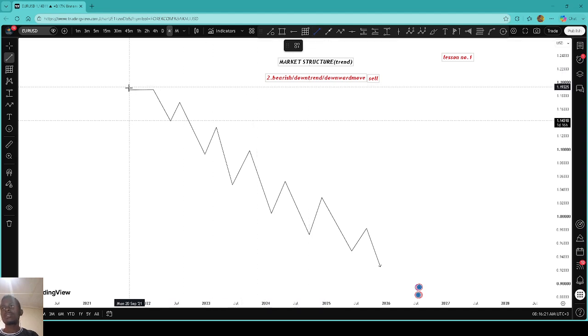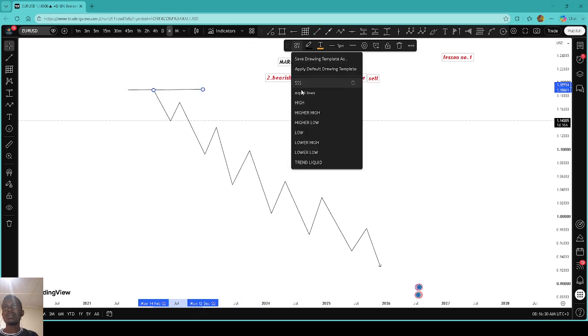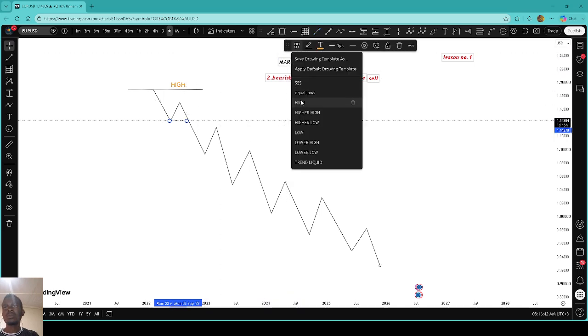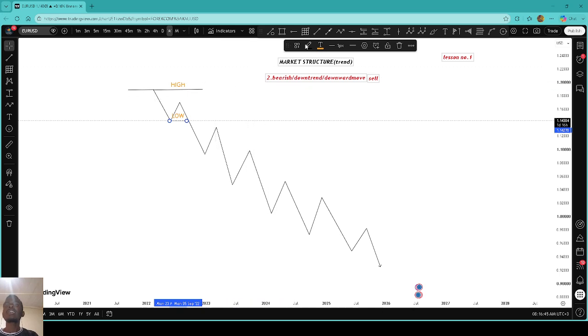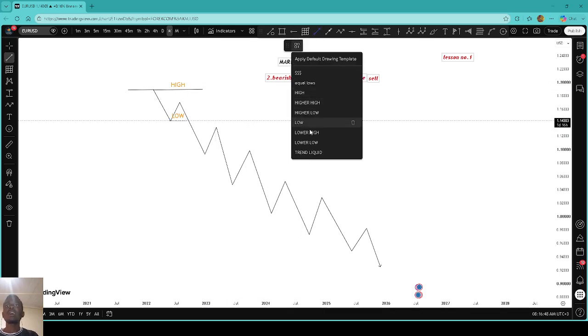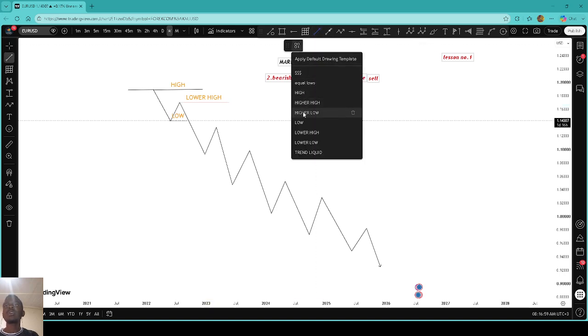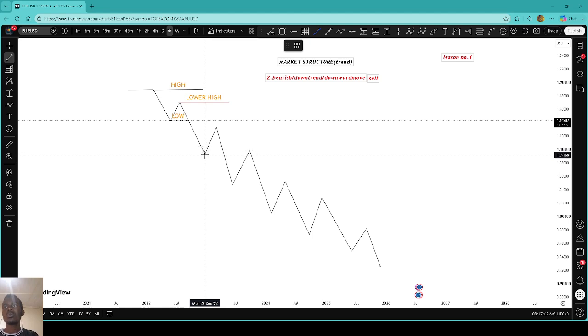On this one, price starts with a high. After a high, it creates a low. After creating a low, price now creates a lower high. After creating the lower high, now price creates a lower low.